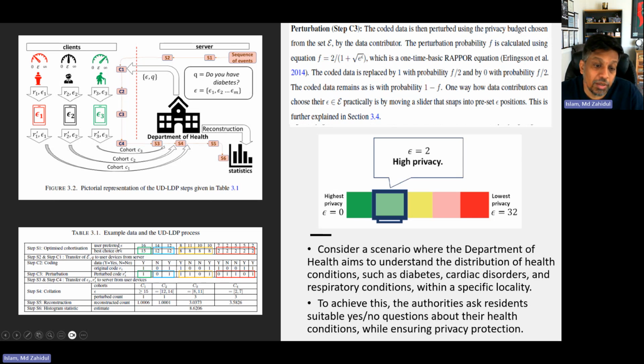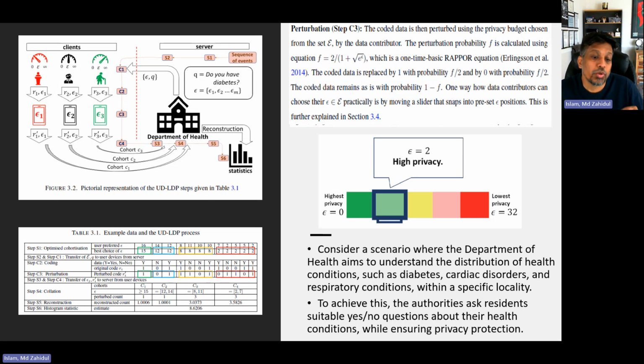Somebody could have 16, 17, 18, whatever, they are more than 15. The total count of the perturbed values for this group is 1. For the blue group, it is 0 plus 1, which is 1, and so on. So the yellow group is 3 and the red group is 3. This is the noisy distribution that the Department of Health will receive.